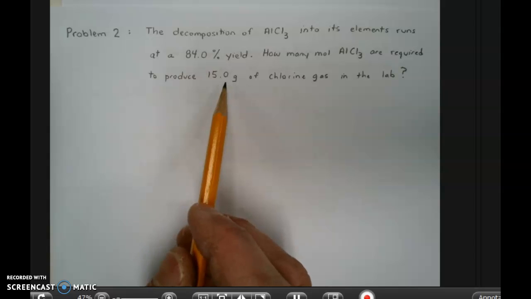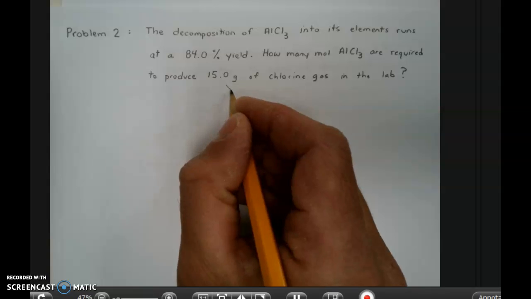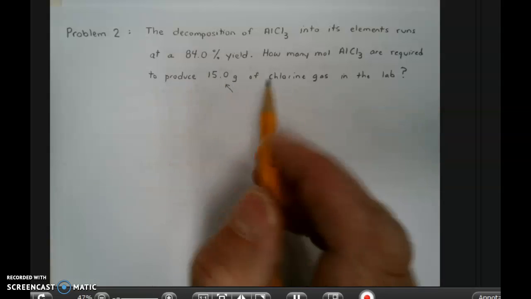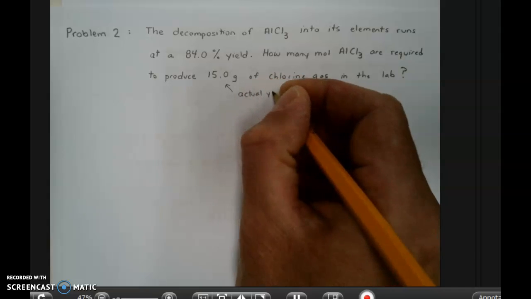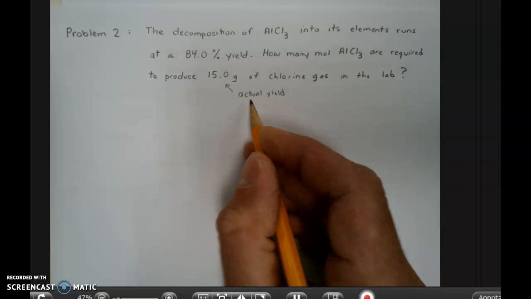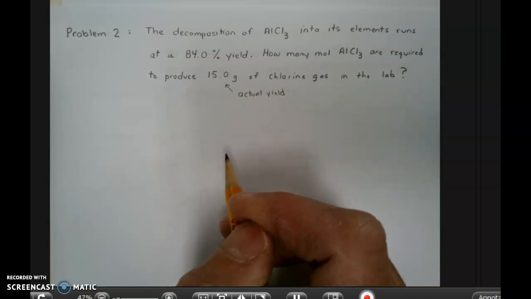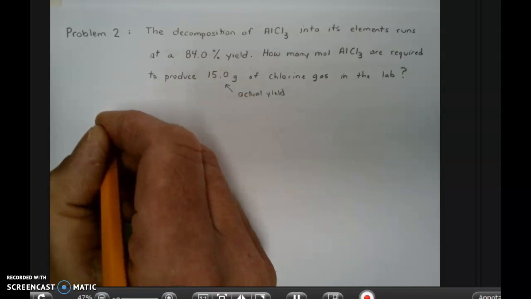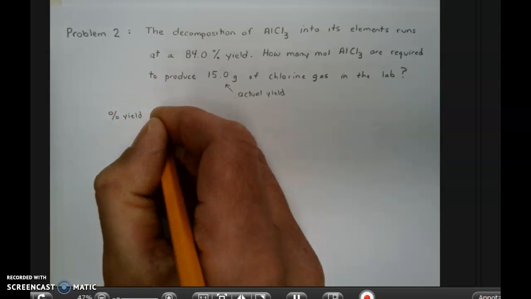So let's think about what we have so far. We have the percent yield, and we have this 15 grams. Now, since it says to produce 15 grams in the lab, this is my actual yield, not my theoretical. This is what you actually want to get. You want to get 15 grams. So I can take my percent yield formula. Percent yield, again, this is percent yield of Cl2, right?